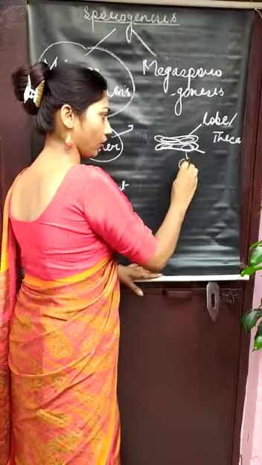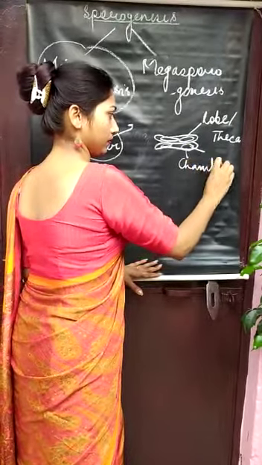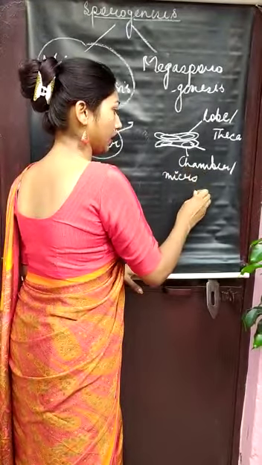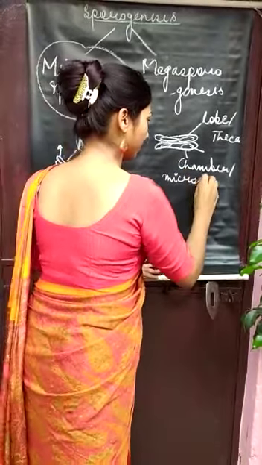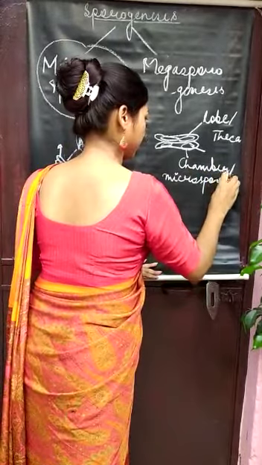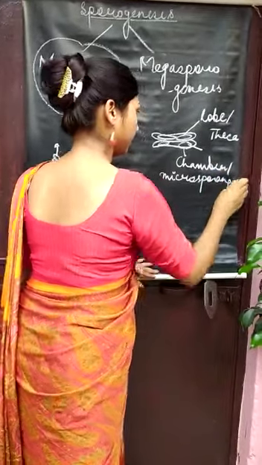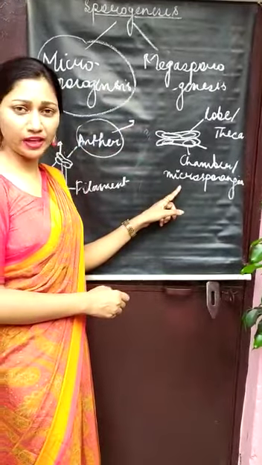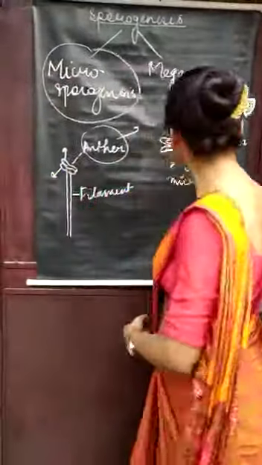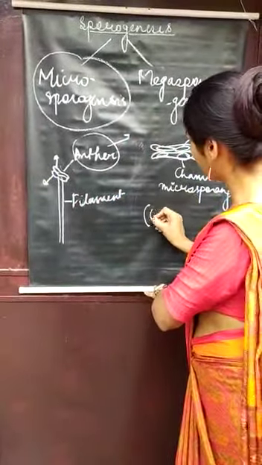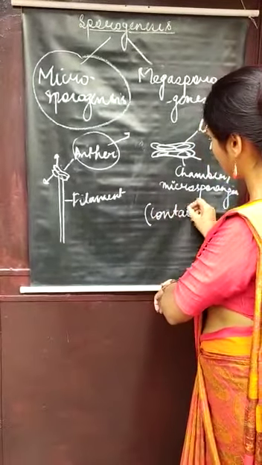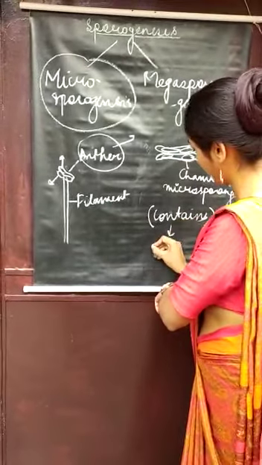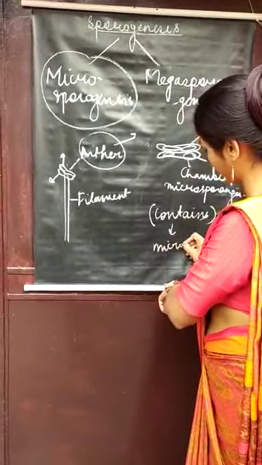These chambers are called microsporangia, in which microspores are found. These microspores are pollen grains. So we can say that these microsporangia contain microspores.